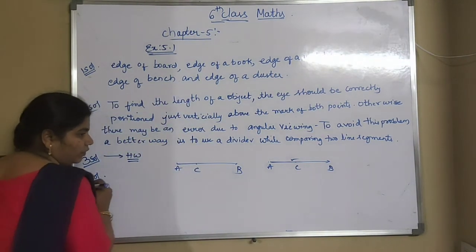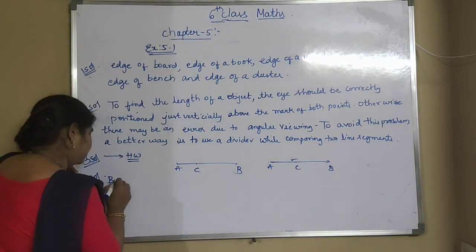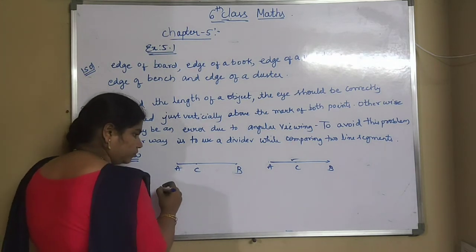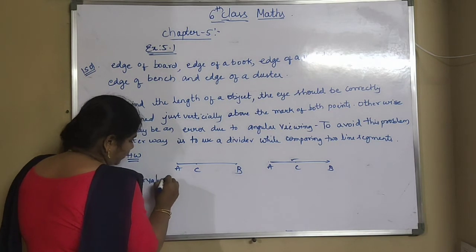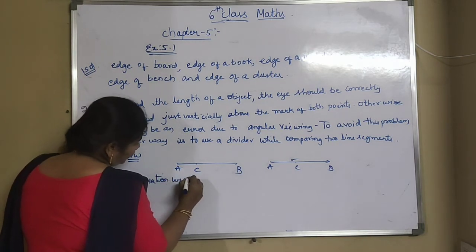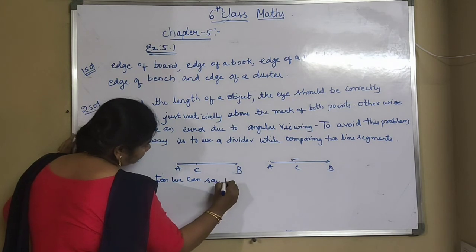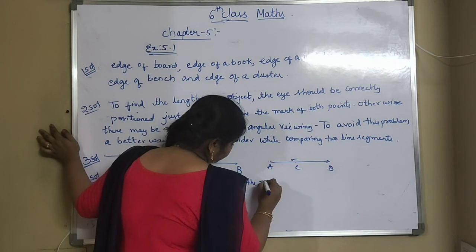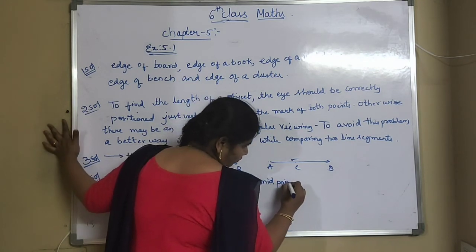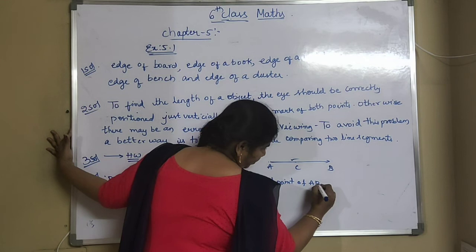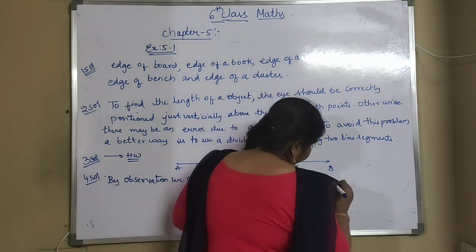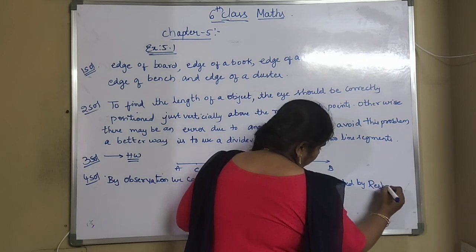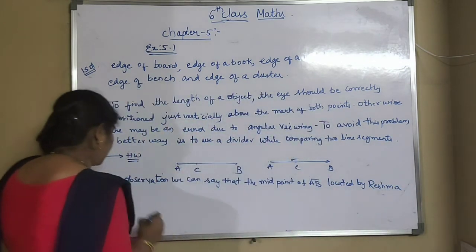So by observation we can say that the midpoint of line segment AB located by Reshma is correct.